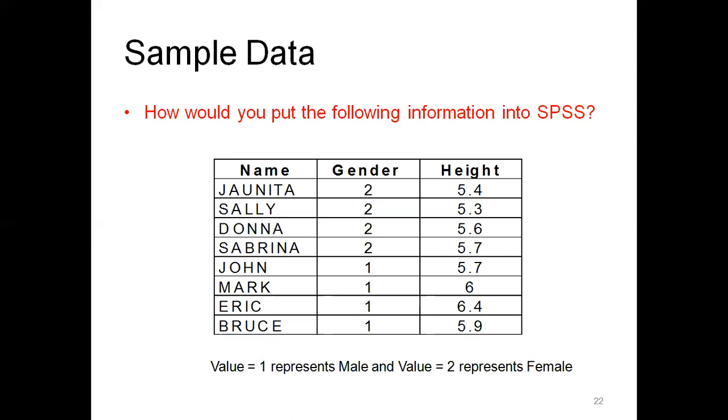One is name, one is gender, and another one is height. Name is a string. Gender is also a string. Height is numeric, continuous, and called metric. Here gender is a string or categorical variable. This you convert into numeric by adding values.